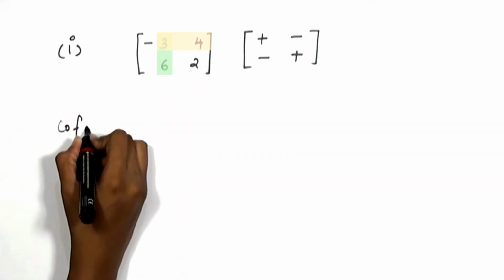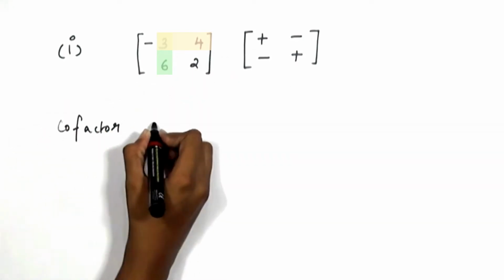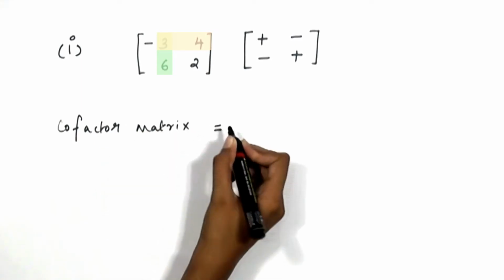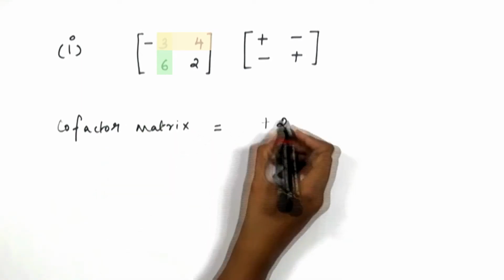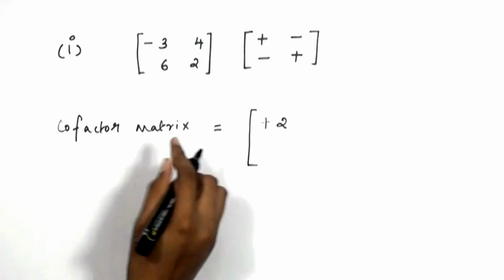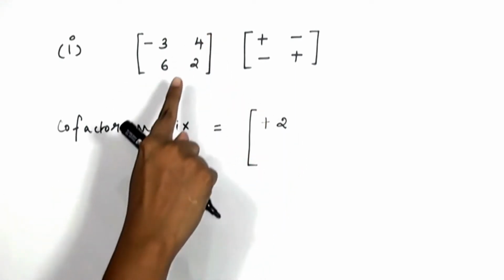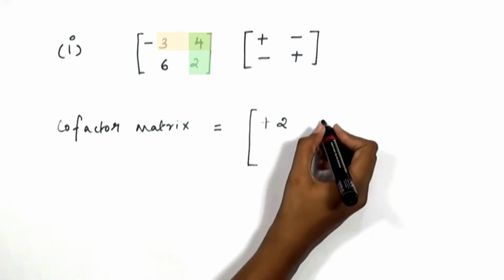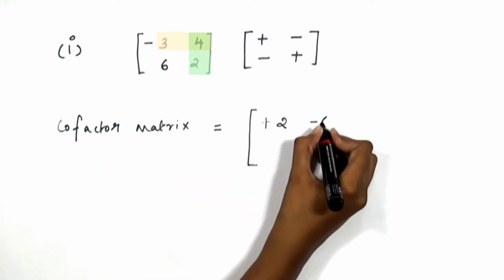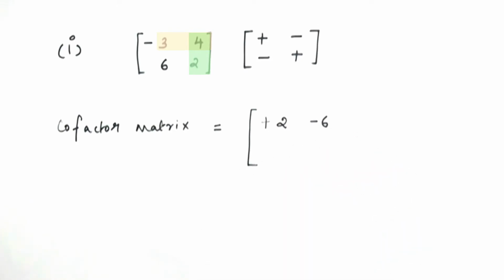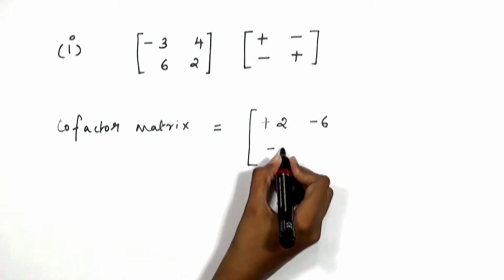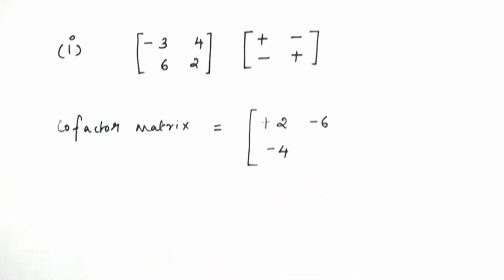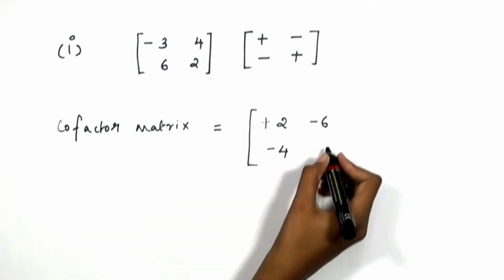So the cofactor matrix becomes +2, and the cofactor of 4: after eliminating that row and that column, we'll have 6. So combining with minus, it becomes -6. Similarly, the cofactor of 6 is -4 and the cofactor of 2 is -3.